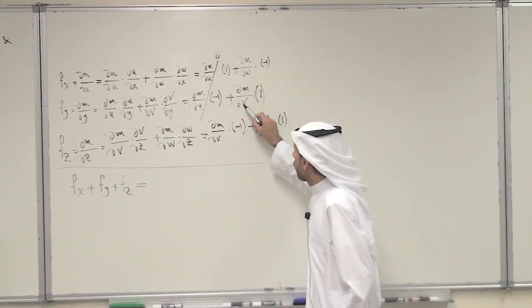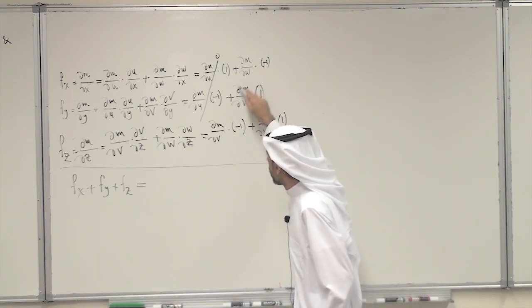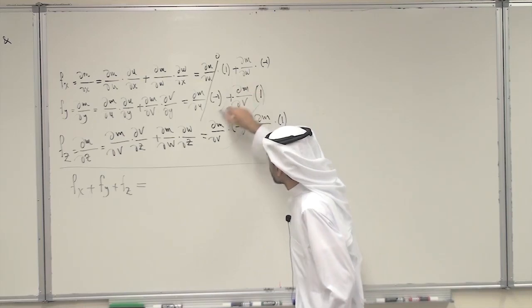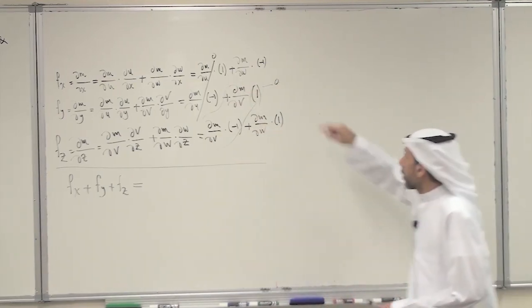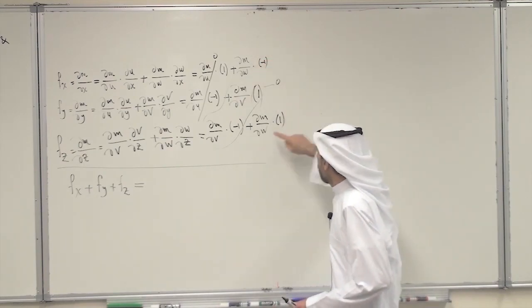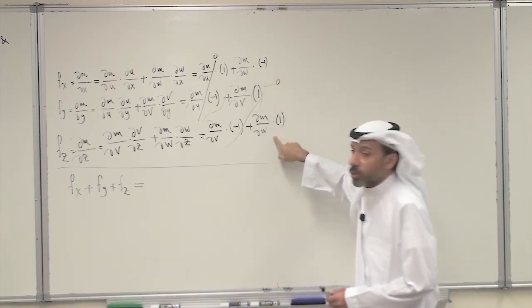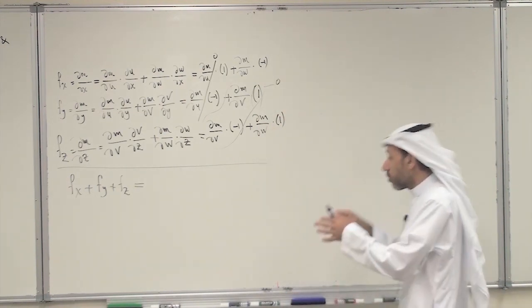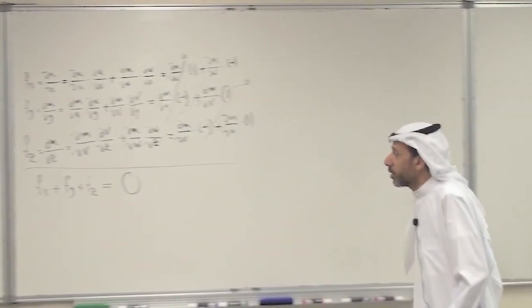Partial m, partial v times 1 minus partial m, partial v. So these will again be cancelled. So this is 0. And the last two terms, minus partial m, partial w plus partial m, partial w. When we add them, we get also 0. So the sum will be just 0. So this is the answer.